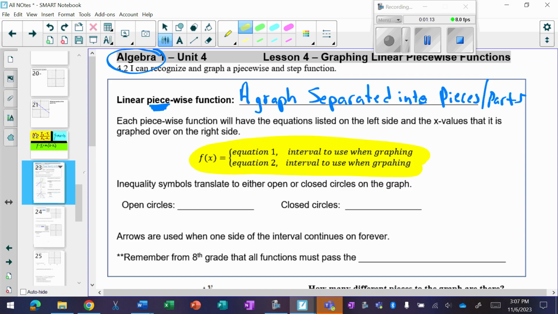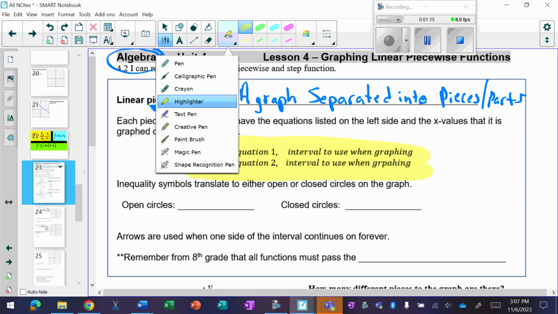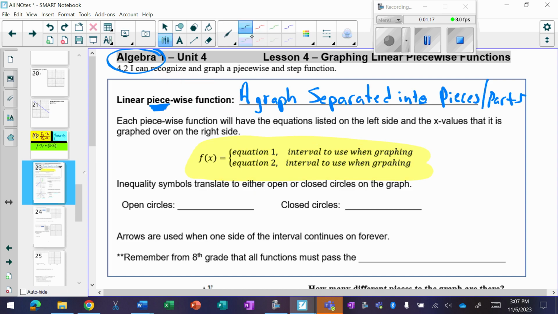The name of the function is the f, and then you're going to see two, three, maybe four different parts, and each different part of the graph has its own equation that it follows. Each part will also have its own domain. The domain will be written in inequality notation. And remember, the domain is the x's.